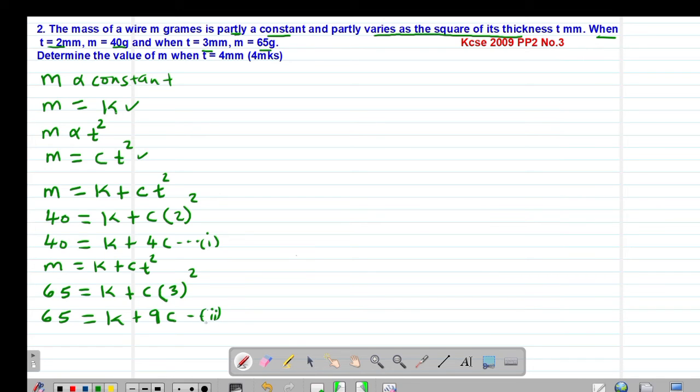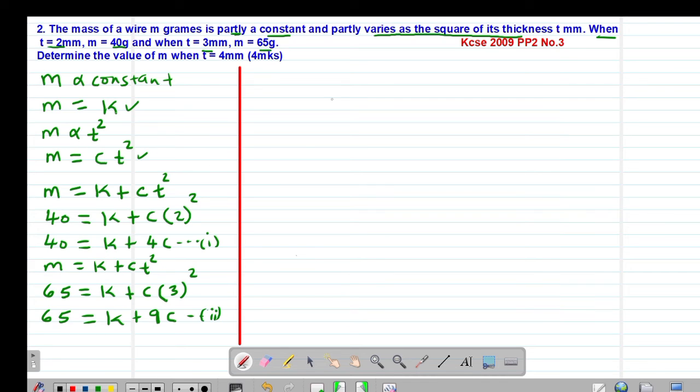Then we are going to solve these equations simultaneously using either elimination or substitution method, so that we can get the value of our constants C and K. So let me use the elimination method because it's easier to work with in this setup of the question.